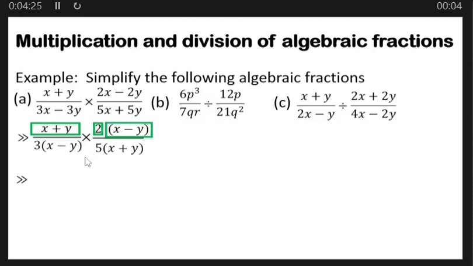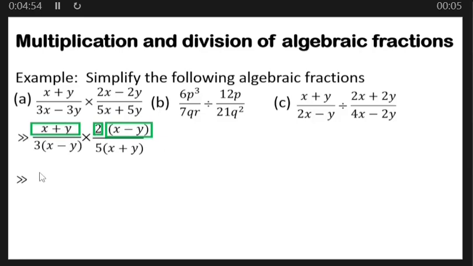All right. So again, what you should understand is that whenever you are multiplying variables with a number, the number must always come before the variables. So in writing, when we say x plus y times 2 times x minus y, we should start writing this one with 2, because we cannot completely multiply this.